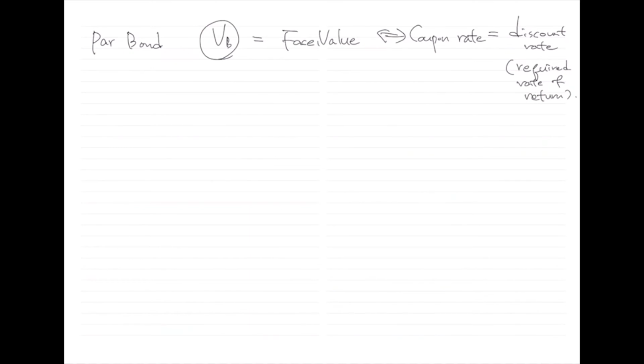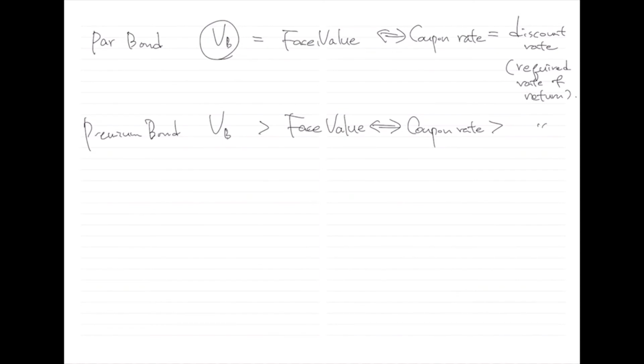In the second case, the premium bond, the value of the bond is higher than the face value. In this case, the coupon rate is higher than the required rate of return, the discount rate.